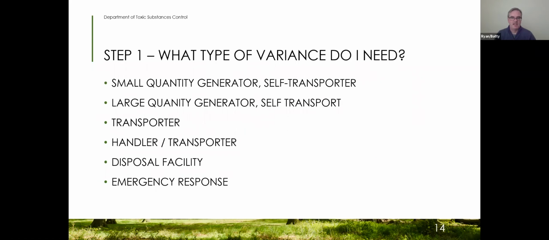So those are the 6 categories that we have identified as covering the majority of activities or management of treated wood waste. And I'm going to go through each of these individually and try and provide additional context to help you determine which would apply to your situation. Next slide, please.